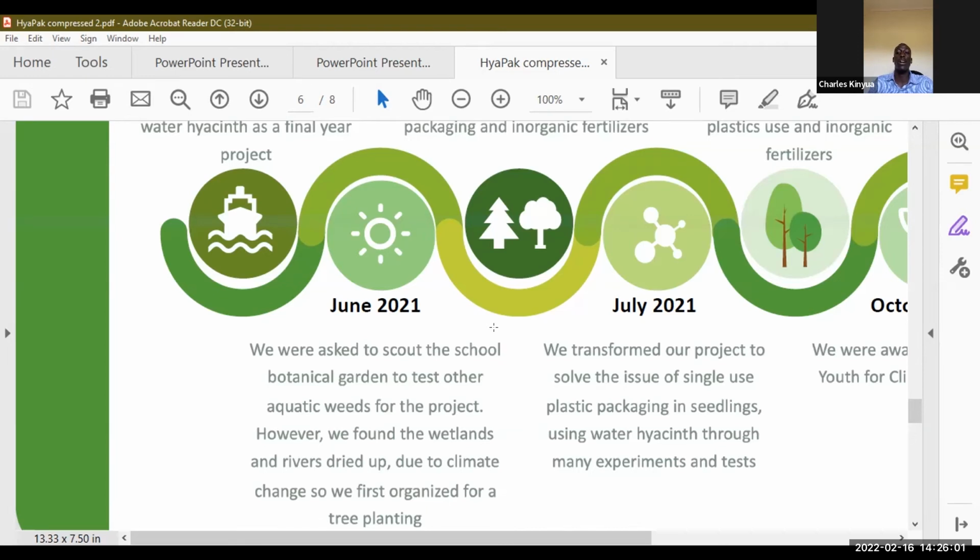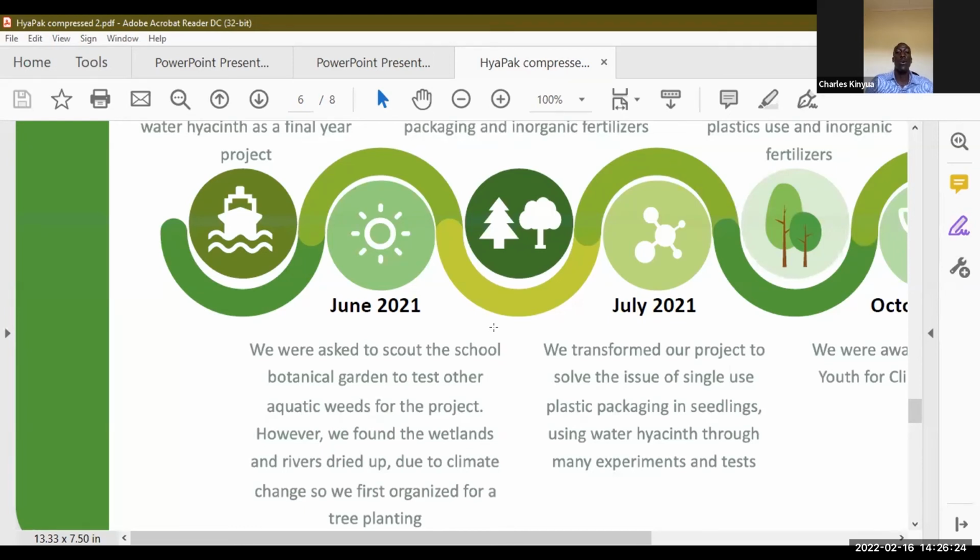When we were scouting for other aquatic weeds in our botanic gardens, where we have some wetlands, we realized that the wetlands had dried up because of climate change. So how do we impact this, as a result of our wetlands in the school drying up?